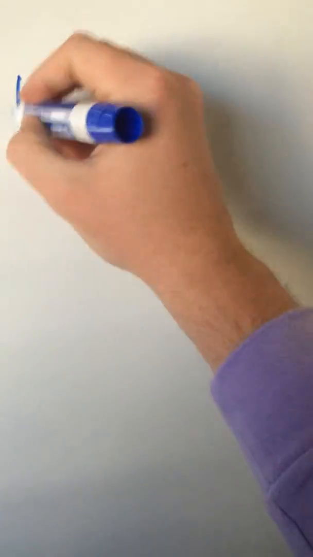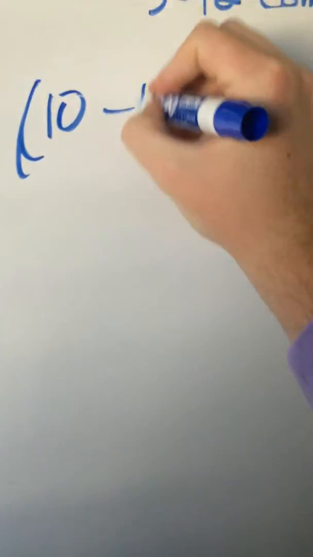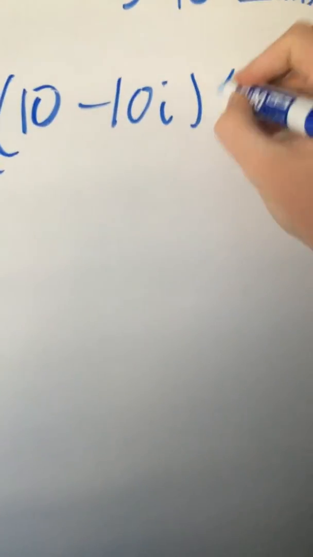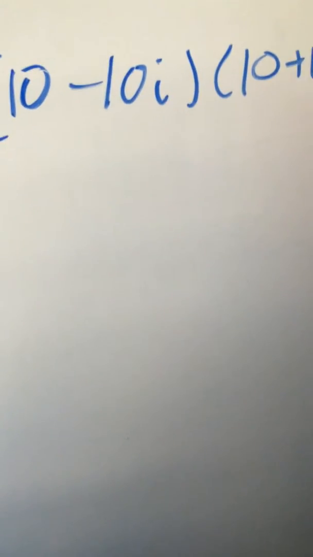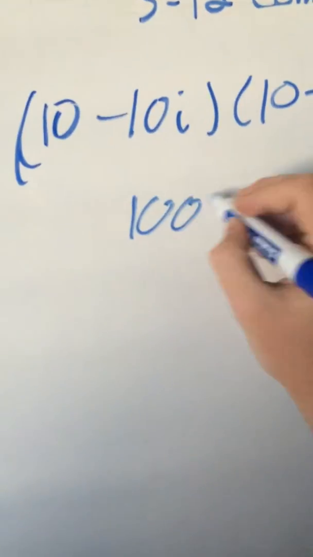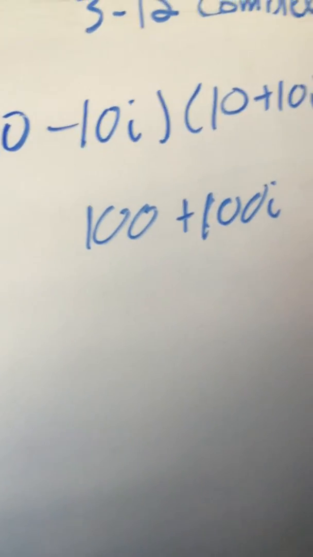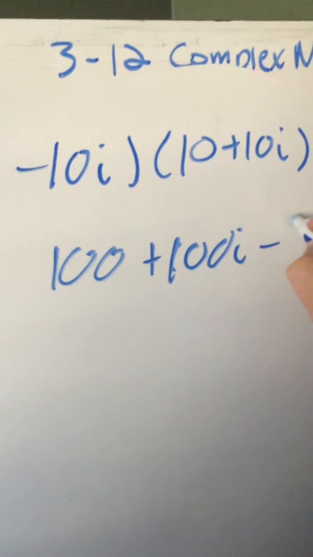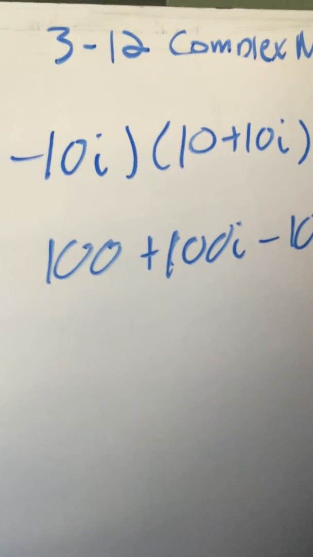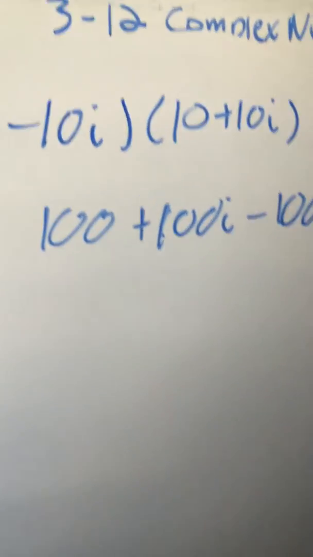Next problem. Let's do 10 minus 10i times 10 plus 10i. So we have 100 plus 100i minus 100i minus 100i squared.